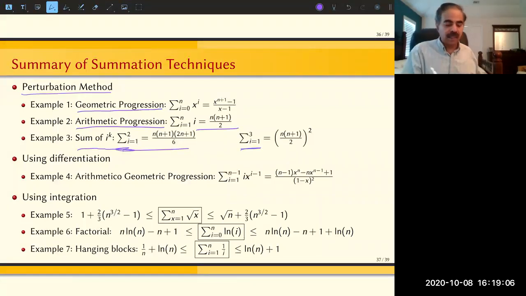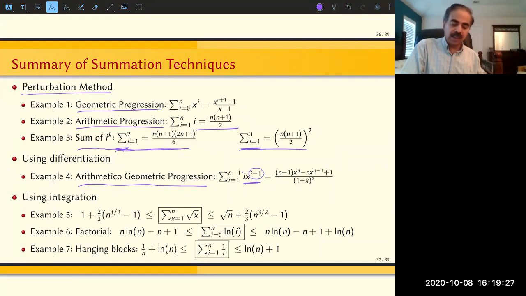So the closed form expression for all of these summations can be found using the perturbation method. Then we also talked about arithmetico-geometric progression, where you have this i appearing both in the exponent and as a coefficient. And we showed how to obtain a closed form expression for that.